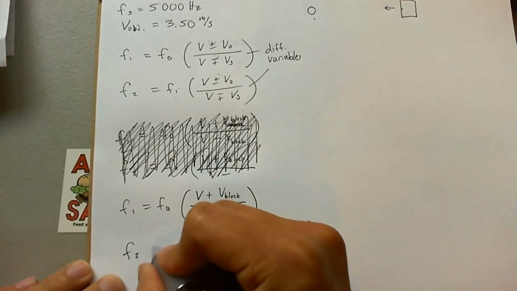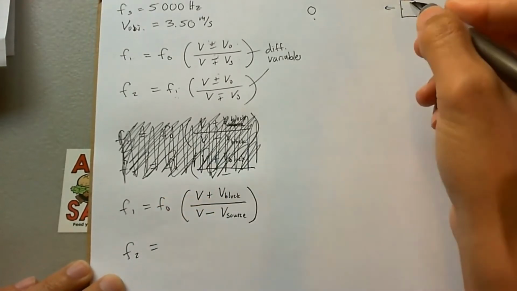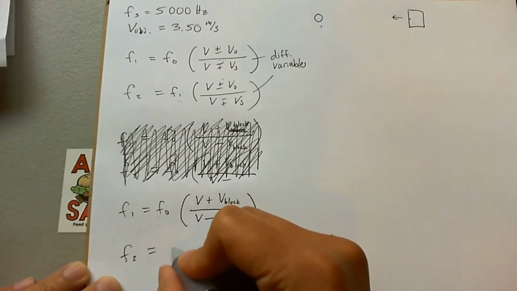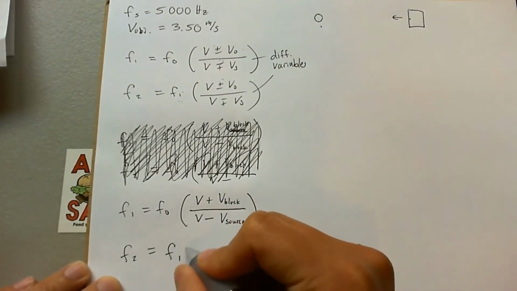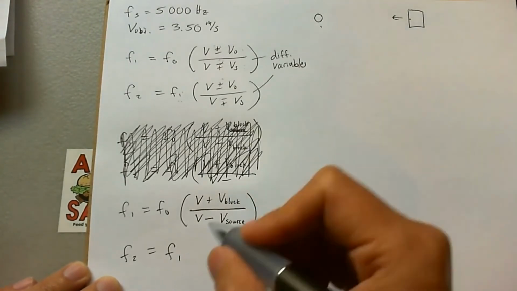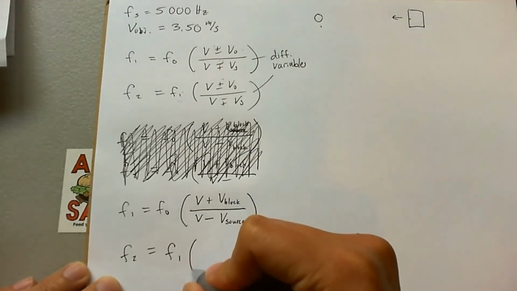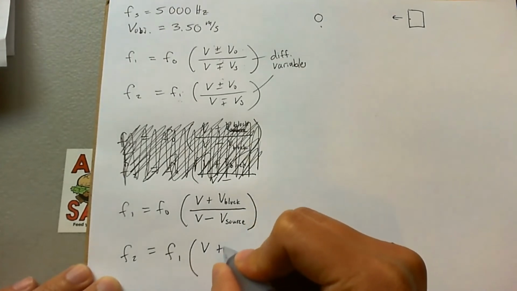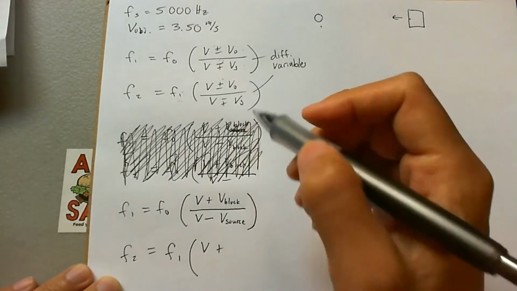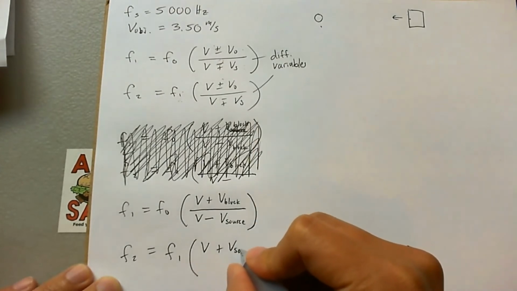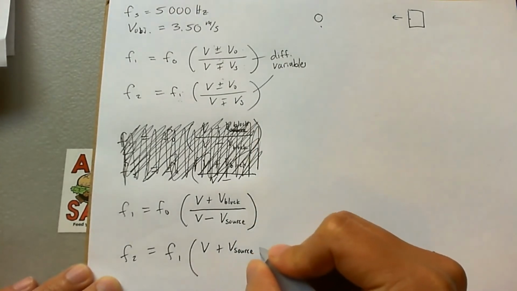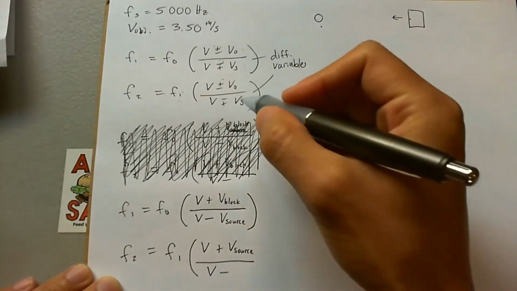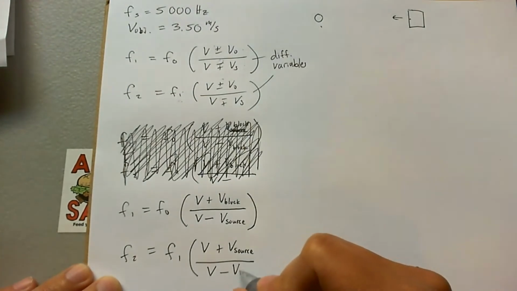Second equation: now the block is the emitter because it's reflecting sound back towards this now detector. You're going to reflect the new frequency that the block heard back towards the detector, that's F1. You're going to multiply it by the speed of sound V plus. Now, the observer is in this case the source again, which then acts as the detector. V minus, and now source is the block.